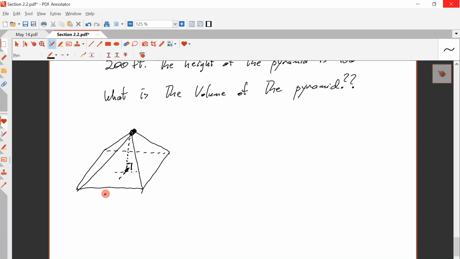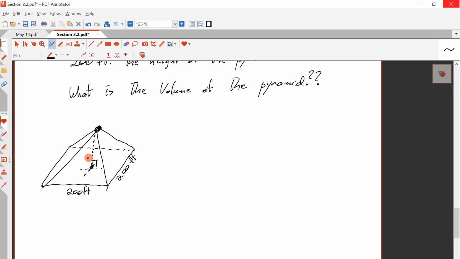Okay, this length is 200 feet, and this length right here is 100 feet. And this length right here is 200, I'll leave out the feet. This length right here is 100.